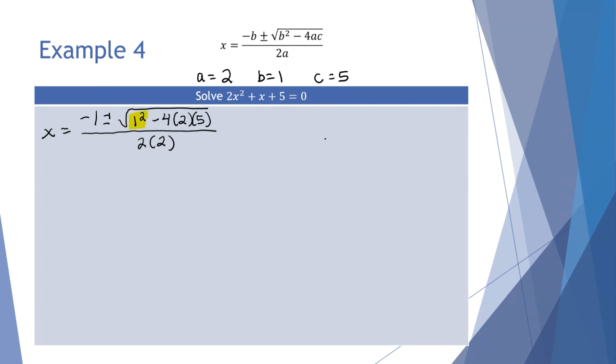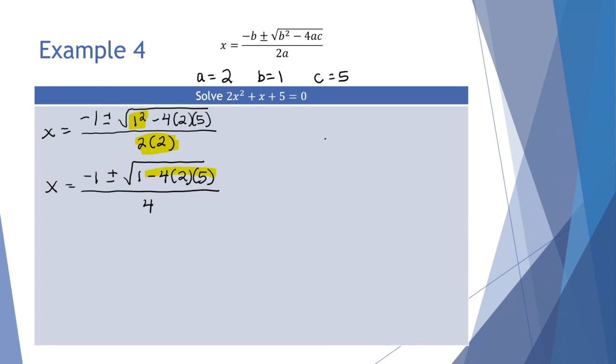So now I'm going to do my exponent and my denominator. So I have x equals -1 plus or minus square root. 1 squared is 1, so this is 1 minus 4 times 2 times 5. And then 2 times 2 is 4, so we got 4 in the denominator.